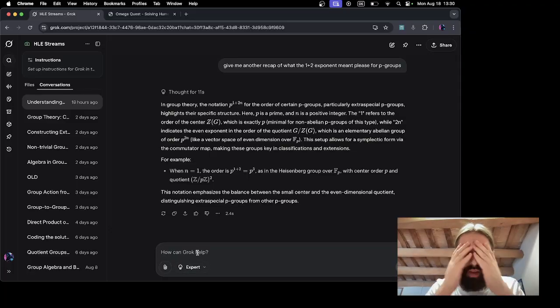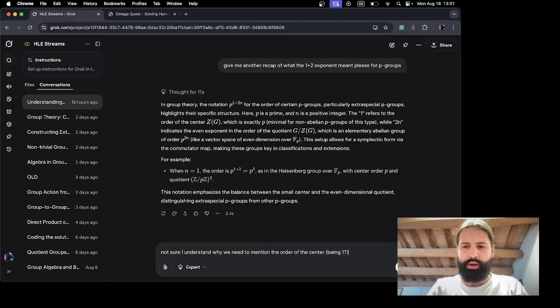So okay, but maybe it's just because it's p to the power of 1. Not sure I understand why we need to mention the order of the center being 1.